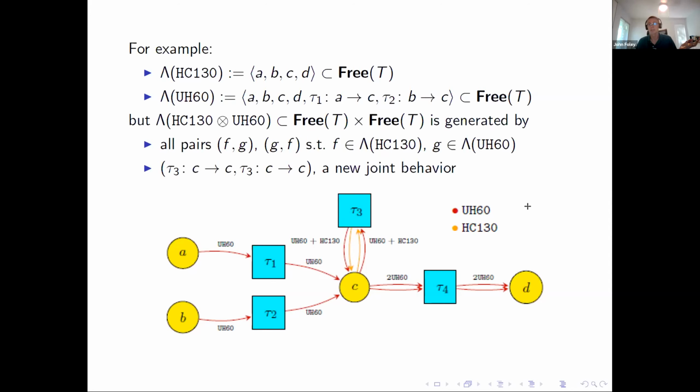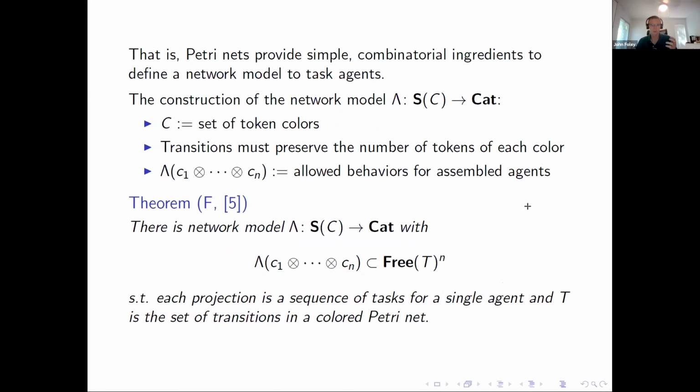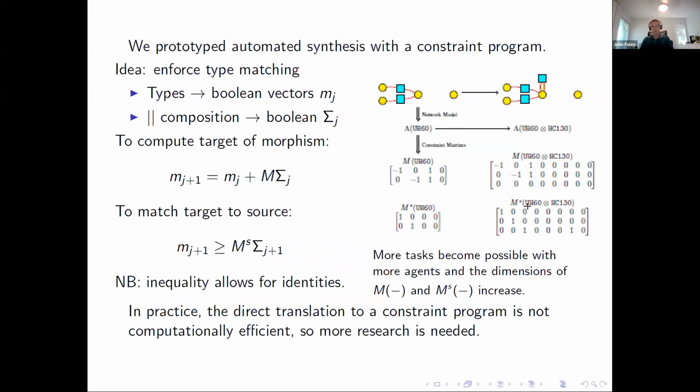Well, we tried to prototype synthesis, and we were able to do this with a constraint program. In the realm of Petri nets, this is similar to constructions that have been done in the past. The main thing that's a little more interesting is that we also extended this to incorporate semantics, where we had state variables corresponding to those.